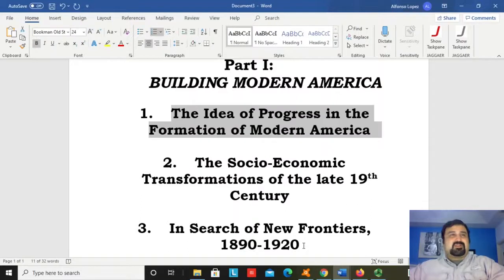In other words, that all of the changes were creating a better society, creating progress among human beings, that human beings were creating progress for themselves, and that they were moving to a higher plane, if you will.